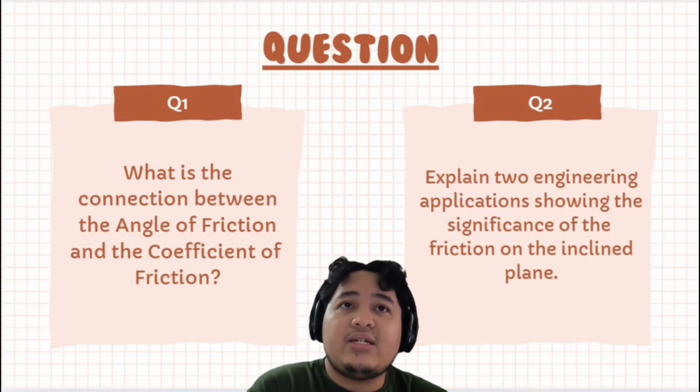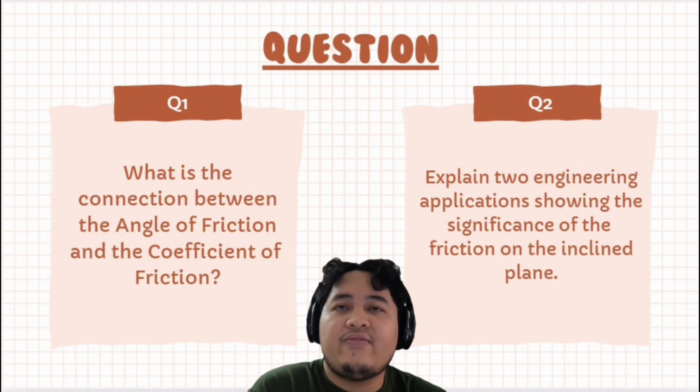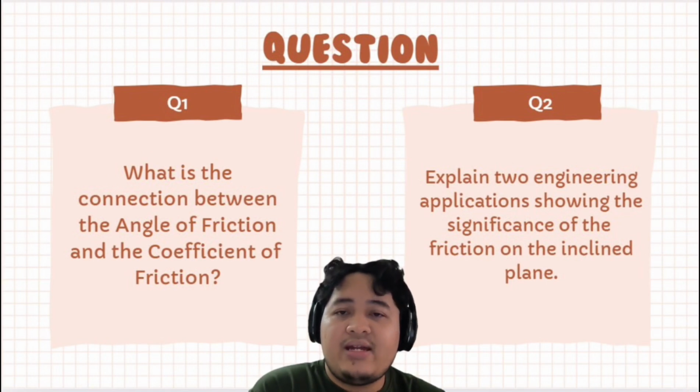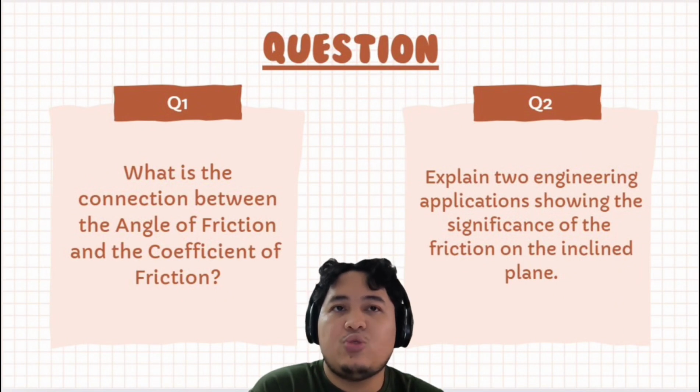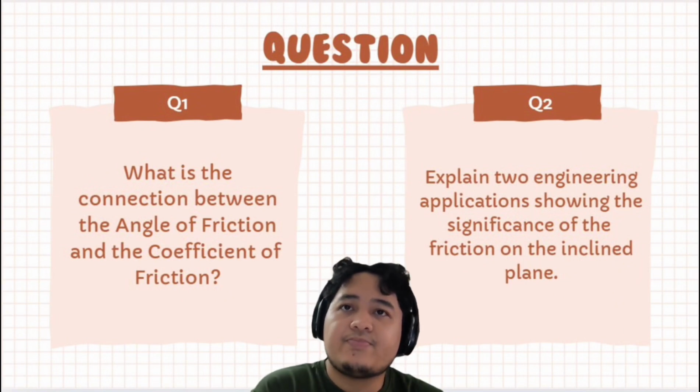Coefficient of friction is the ratio of frictional force to the normal force. For the relation, when the object is on the verge of sliding, the frictional force reaches its maximum value. Thus, the angle of friction is directly linked to the coefficient of friction through the tangent function.